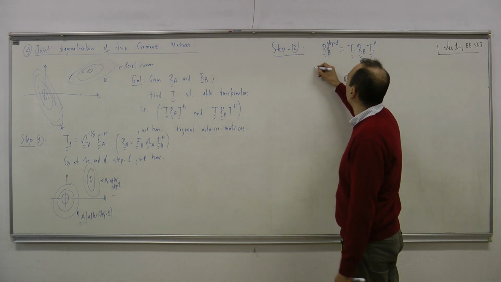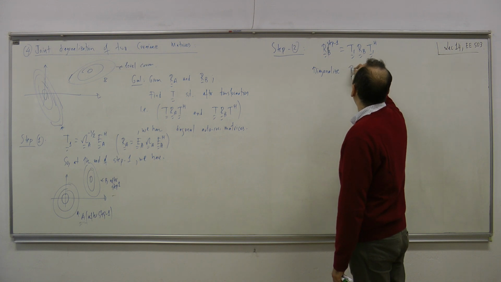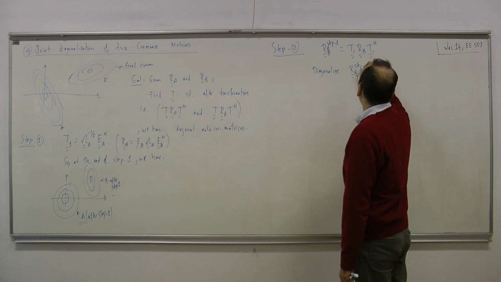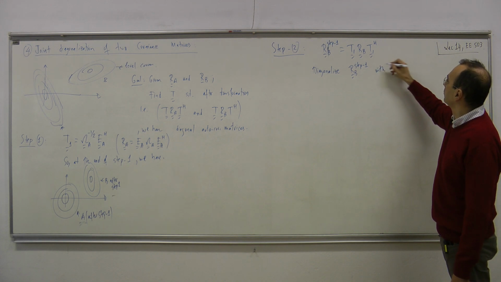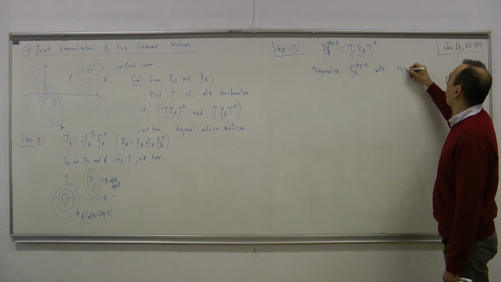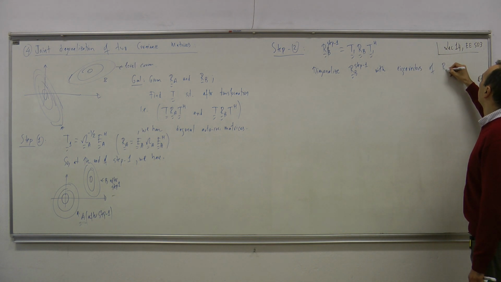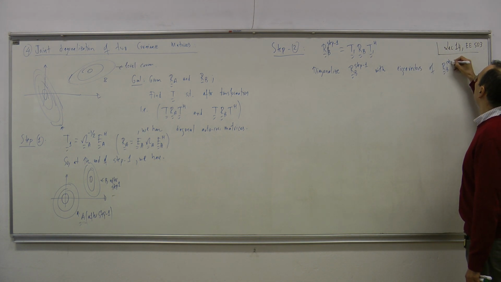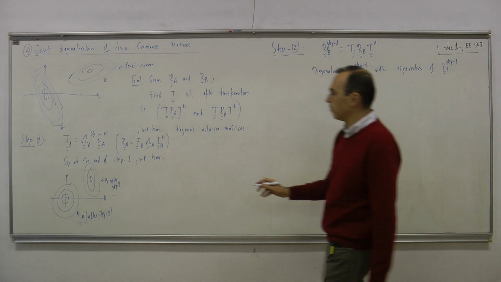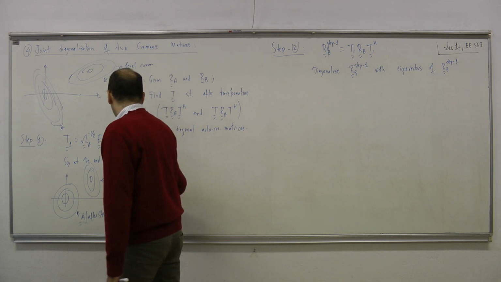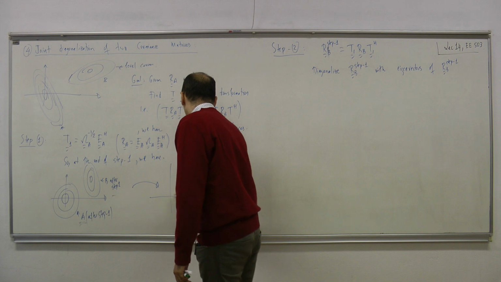Now, diagonalize RB step 1 with, what's your guess? Eigenvectors of RB step 1. Okay. So in other words, this is after step number 1.